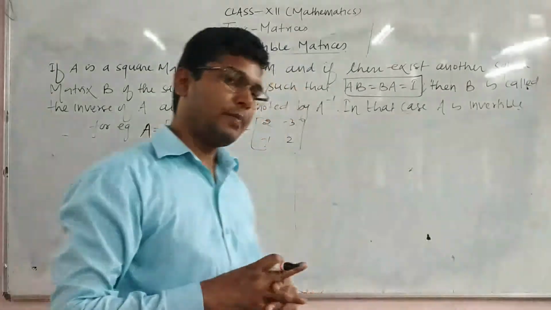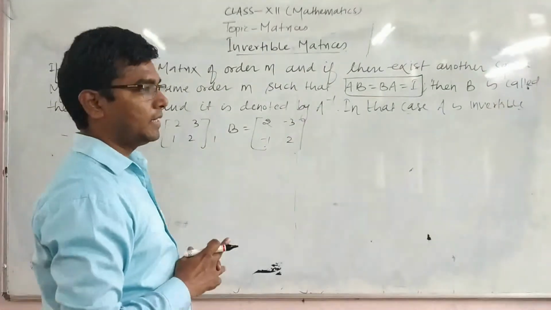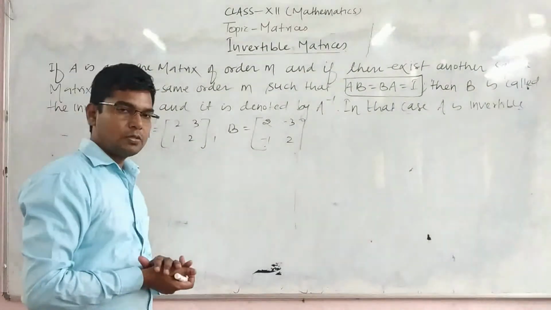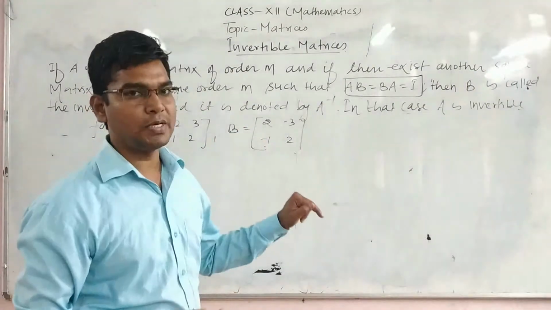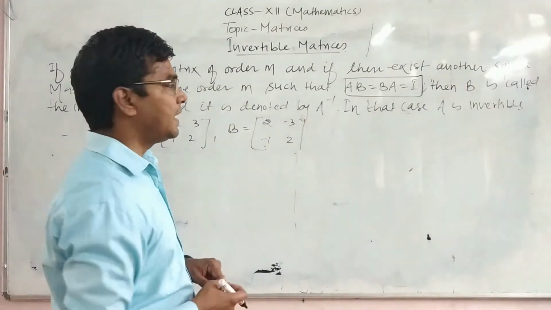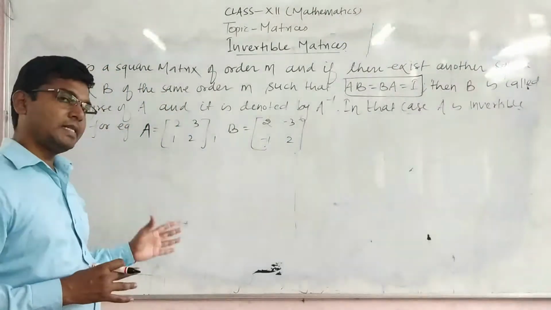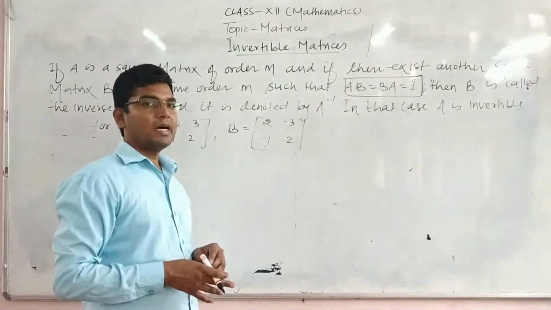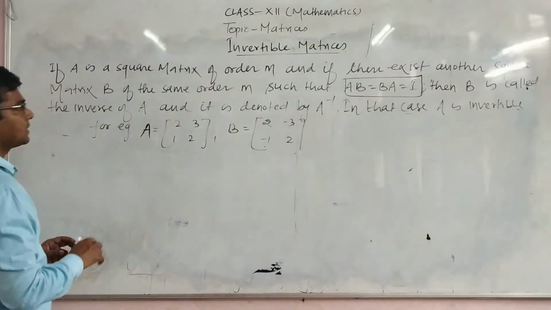If AB and BA are defined and equal, it will become commutative, but the output will always be an identity matrix of the same order. Only in that case we can say that one of them is the inverse of another one.